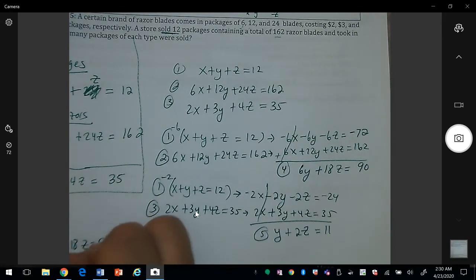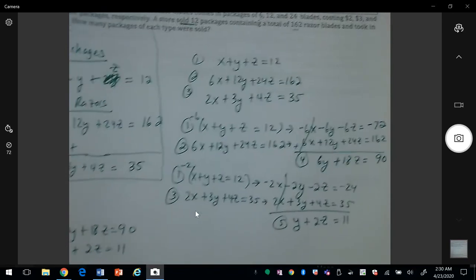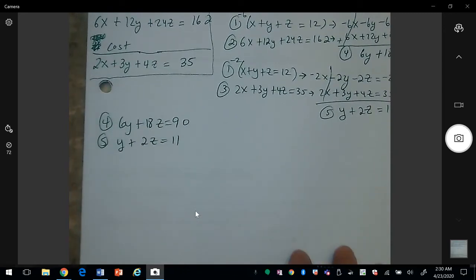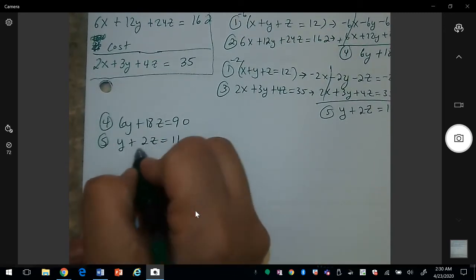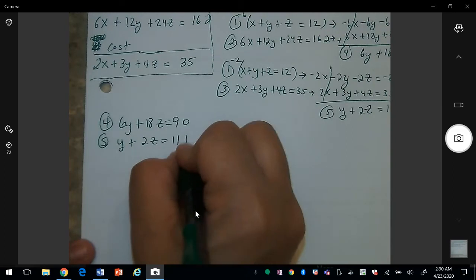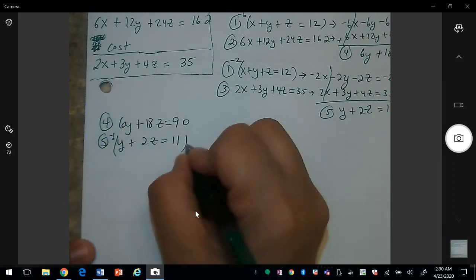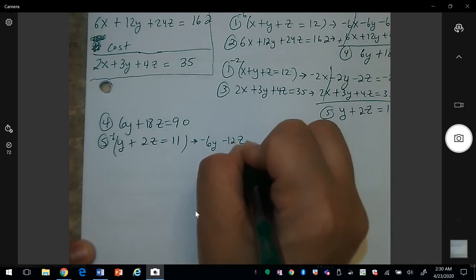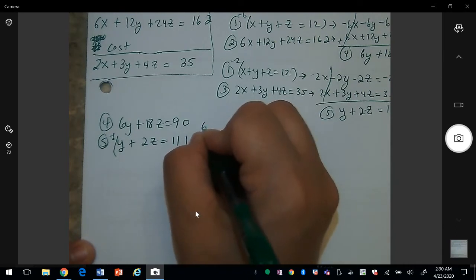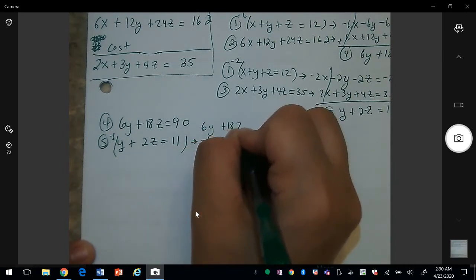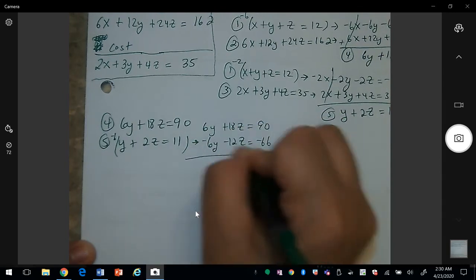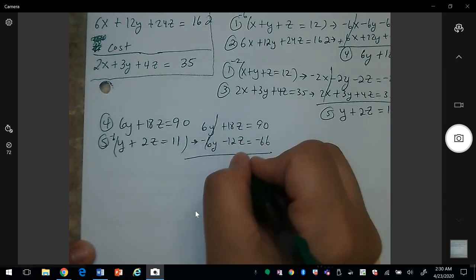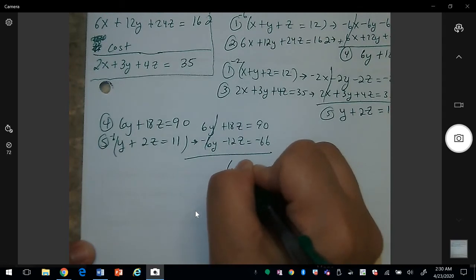So now I use equation 4 and 5 and solve the system for those two equations. So I'm going to get rid of the y, multiply that by -6. And the top stays the same. 18z minus 12z is 6z.